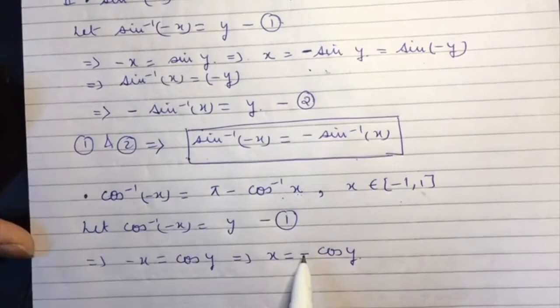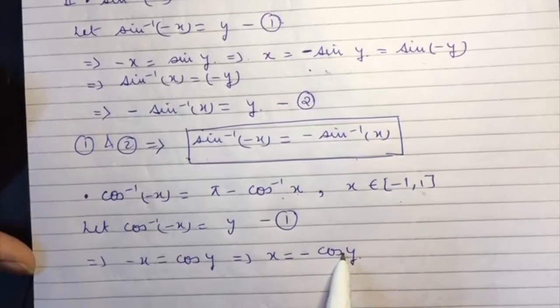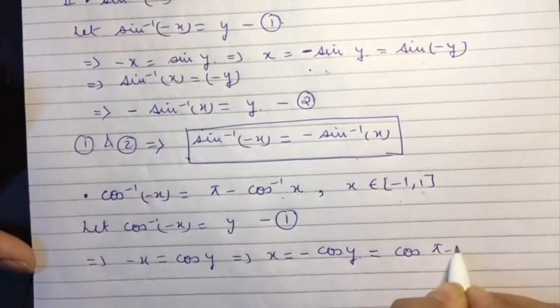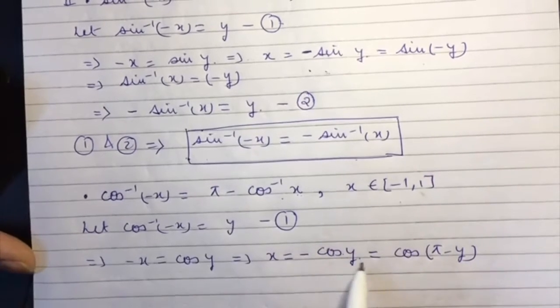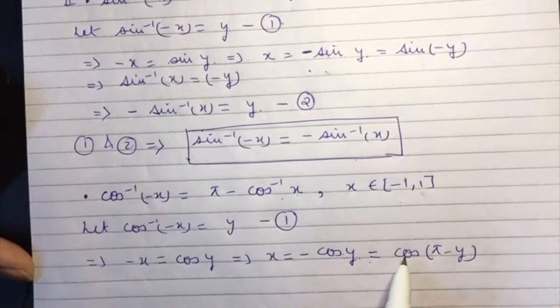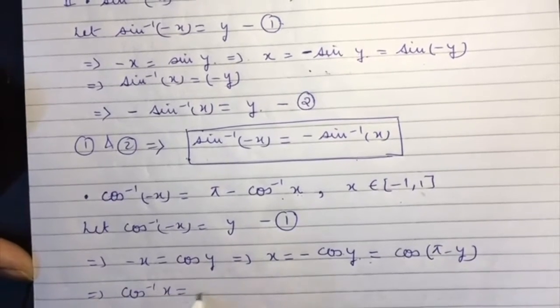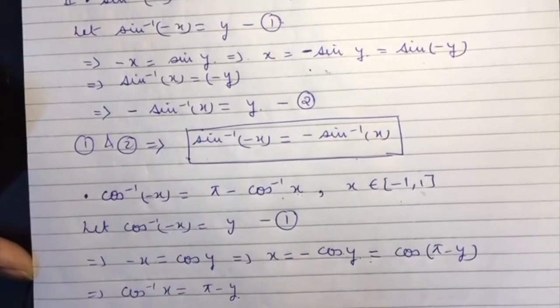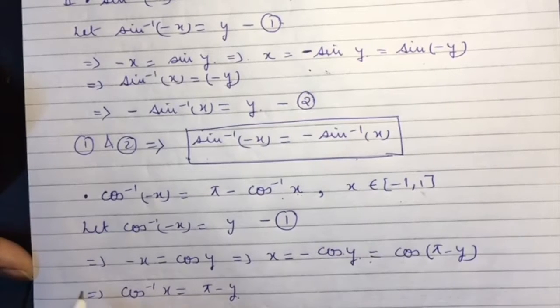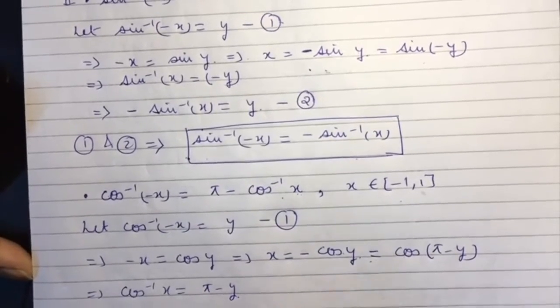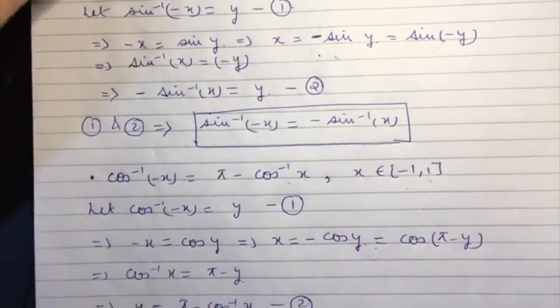Now we need to absorb this minus sign in this cos to be able to proceed further. And how do we do that? Cos of pi minus y. Cos is negative in the second quadrant. And now you can write it as cos inverse x is equal to pi minus y, which gives us y is equal to pi minus cos inverse x, call it 2.